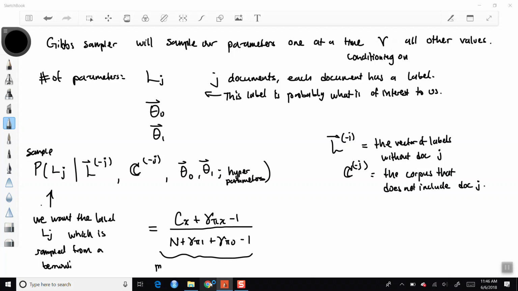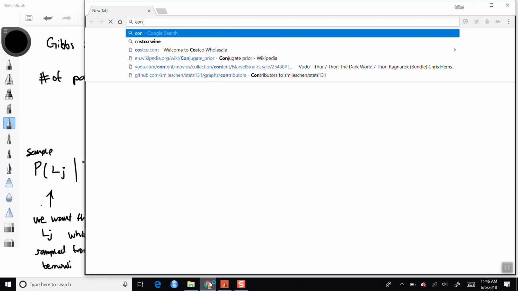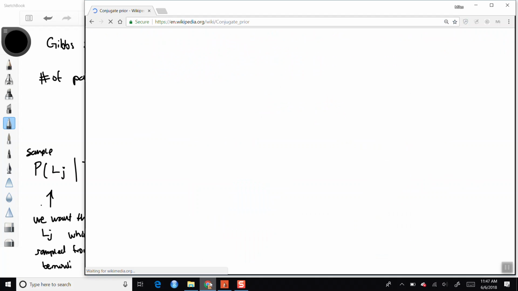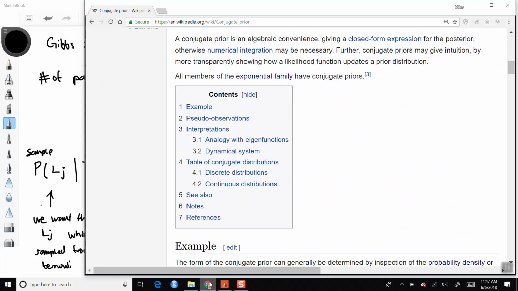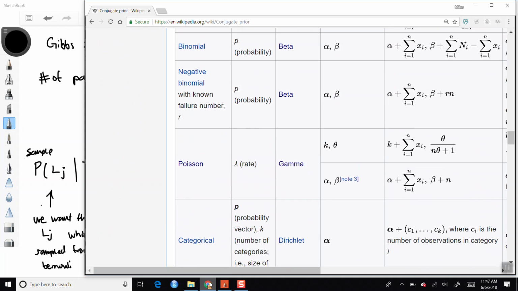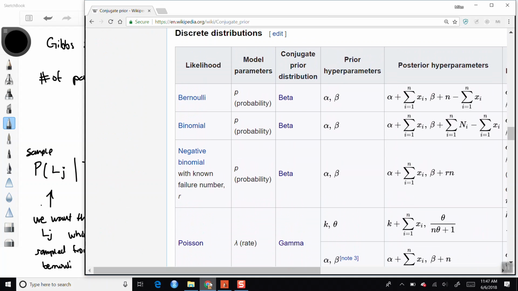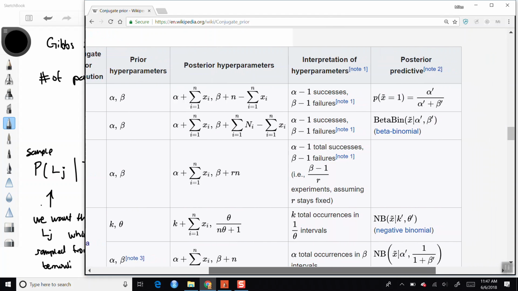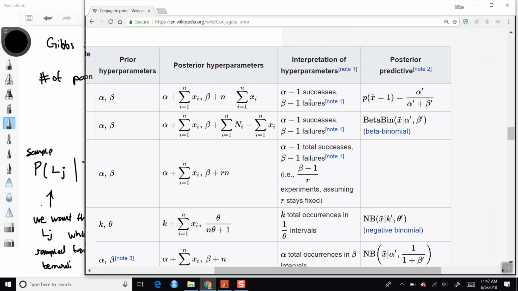And let me just show you the conjugate prior. Oh, maybe I shouldn't be doing this because we're going to run out of time. Okay, so you have A plus the number of successes, and then your posterior predictive is going to be basically this, right?